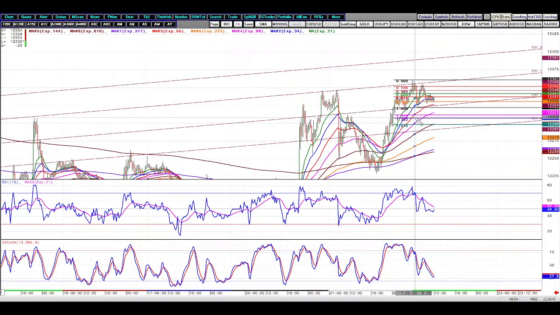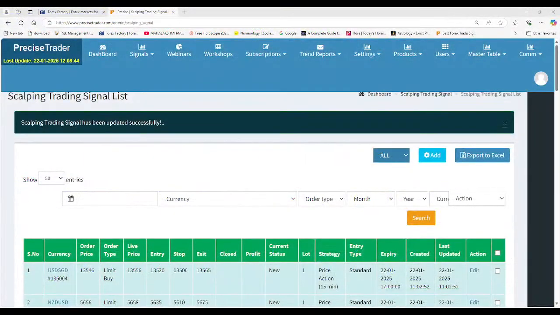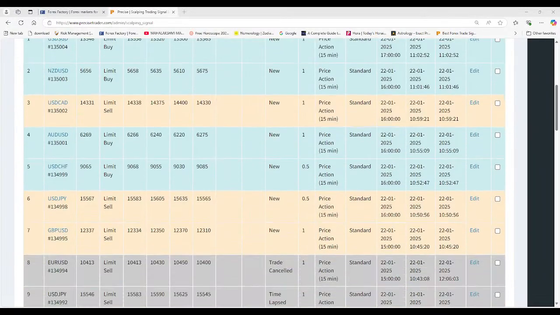Okay, so that should be our trade setup. So either we should be looking to buy cheaper or we try to sell near the high with caution, because this is still in a range. Let's see what we have given.